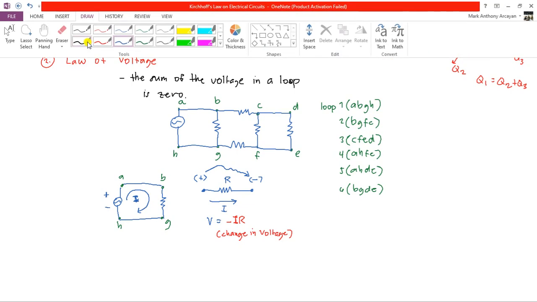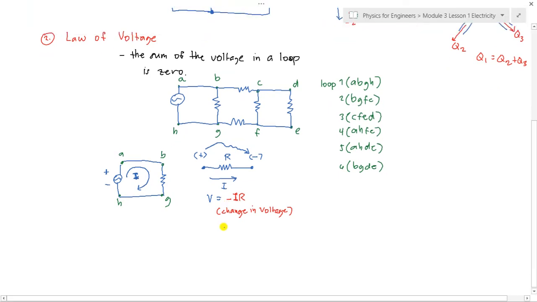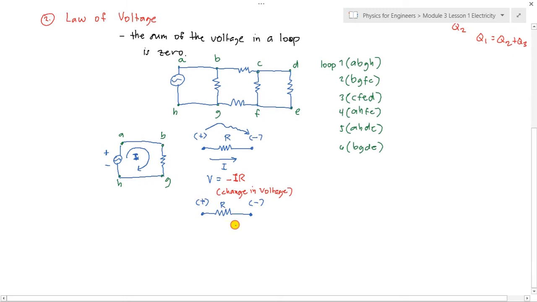However, if we do the opposite, let's say this is our resistor. Again, this is the positive terminal of our voltage source, and this is the negative terminal. Now, if the sign convention of our current is in the opposite direction, what happens? We go from the lower potential towards the higher.